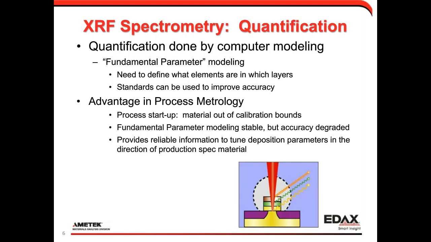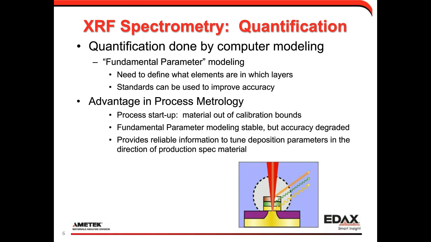XRF spectrometry in terms of quantification. We're going to talk a little bit more about this in some later slides as well. What I wanted to do here was to touch on the quantification methods that we use. We start off with what's called a fundamental parameter modeling type process. And this starts with a very basic physics approach. We know what elements are in the sample because we've identified the peaks.